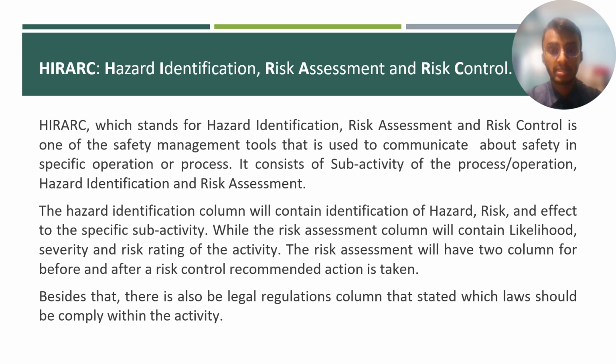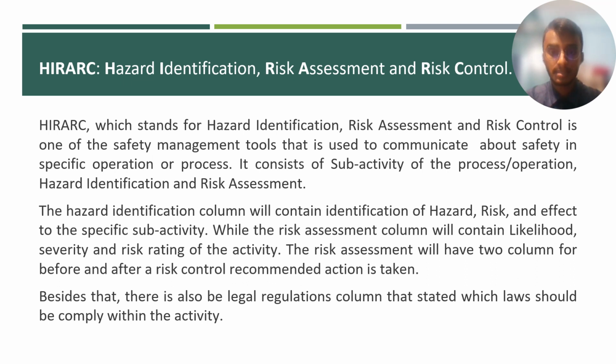It consists of the sub-activity of the process or operation, hazard identification and risk assessment. The hazard identification column will contain identification of hazard, risk and effect for the specific sub-activity, while the risk assessment column will contain likelihood, severity and risk rating of the activity.